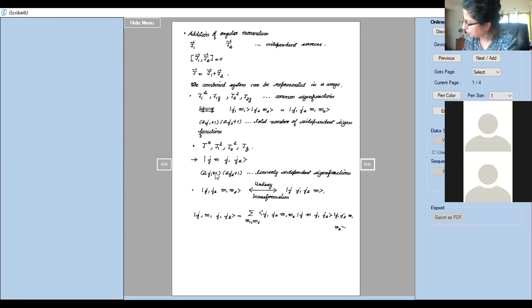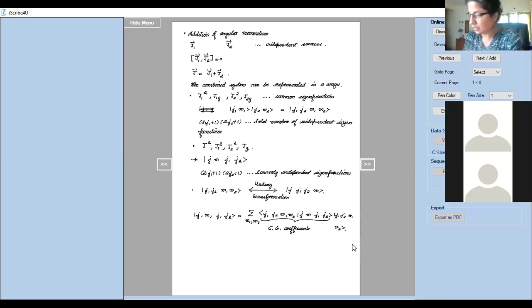And these coefficients here are essentially your Clebsch-Gordan coefficients. Just keep this definition in mind. If you can remember some of the Clebsch-Gordan coefficients, well and good.